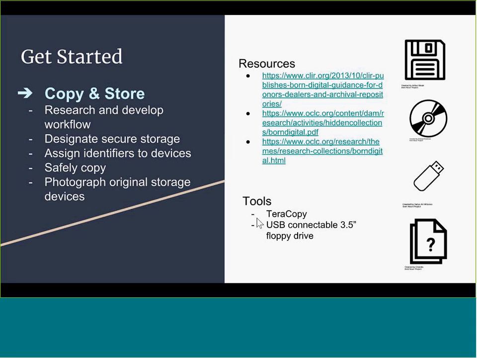Another approach that you'll see in the literature and in other people's workflows that I just wanted to mention briefly is disk imaging. Disk imaging is a technique that uses specific tools, like one example tool, FTK Imager. These tools will basically make a complete copy of a disk.